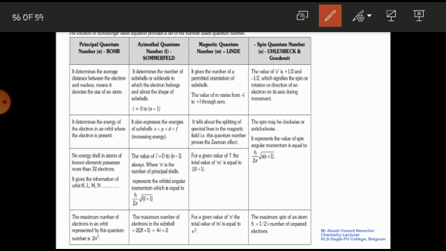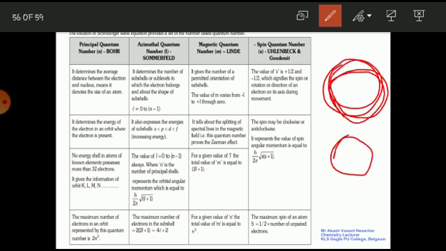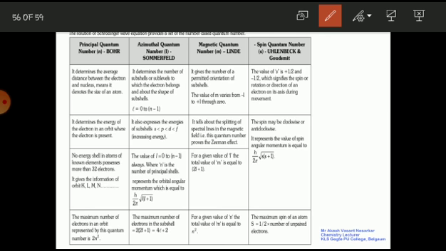Next one, spin quantum number. The value of s is plus half and minus half, which signifies the spin or direction of rotation of an electron on its axis. So it gives the direction of the electron, whether it is rotating clockwise or anti-clockwise.